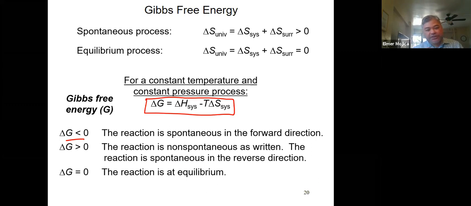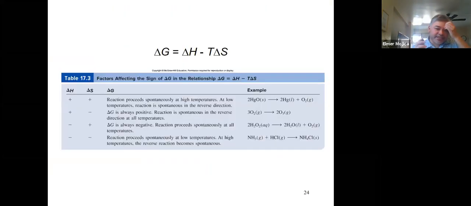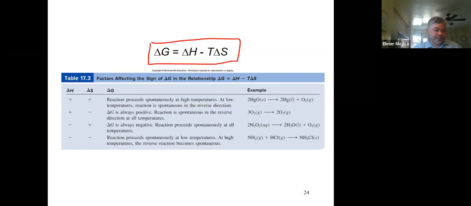Now, I want to utilize this slide because the material that we have doesn't have it. So if we're going to summarize this granddaddy equation, we can predict what the value of delta G is based on the value of delta H and delta S. So it has here, if both of these are positive, what will happen?